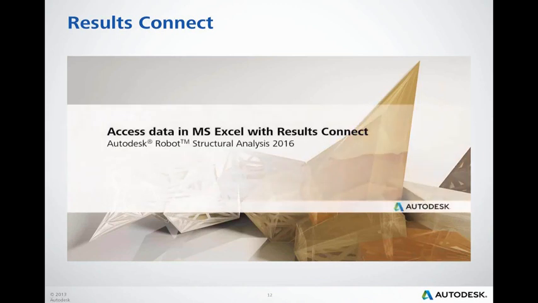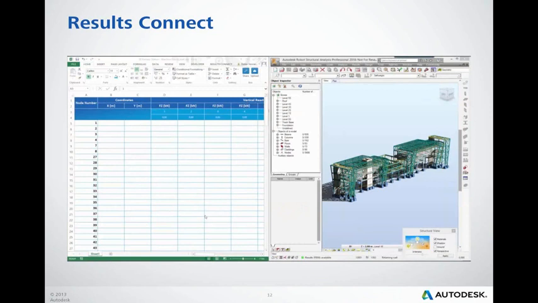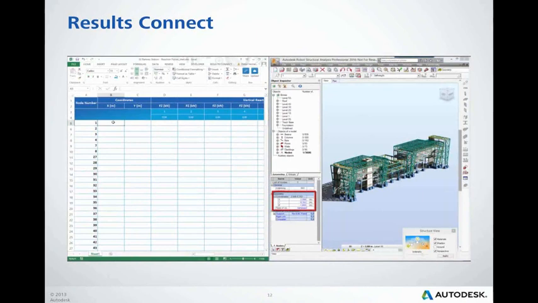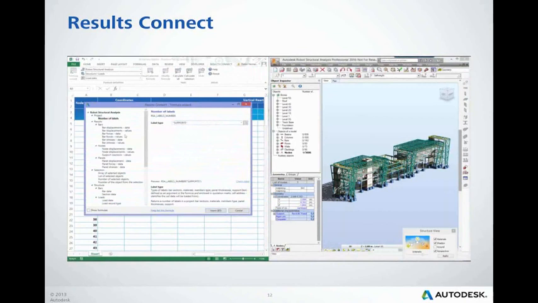In this short example, we will look at how to import some data on selections. First we will fill the second and third columns with the nodal coordinates using the wizard.